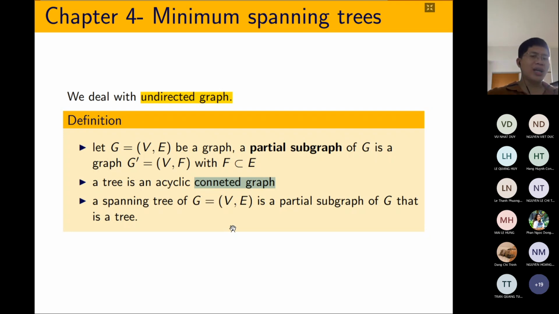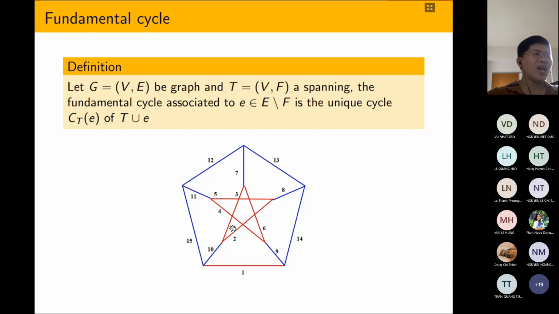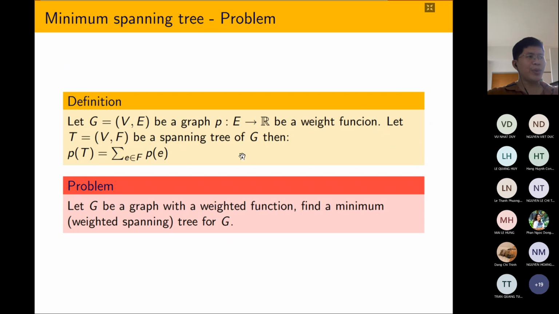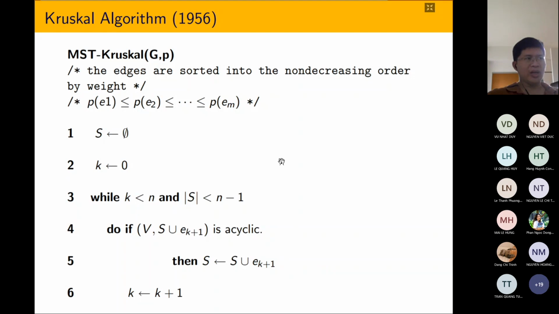Okay, that is for the graph. And if the graph has some weights, this means we have some distance between nodes, then the minimum spanning tree is the tree where the sum of all of the edges we use to link all the nodes together is minimum. Okay, so we say it is a minimum spanning tree.